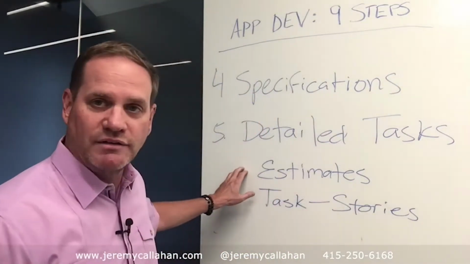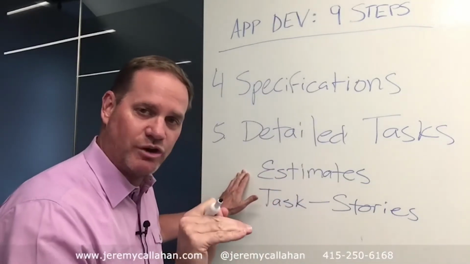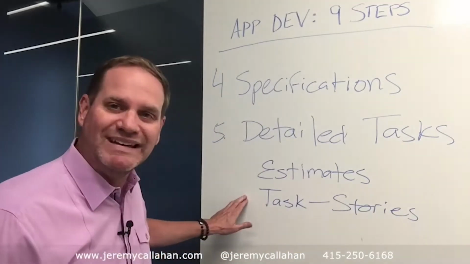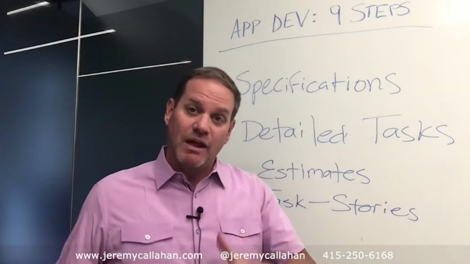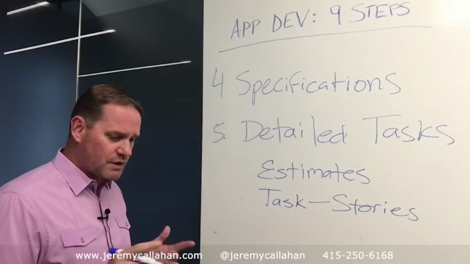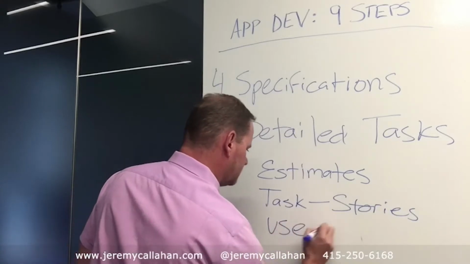So number 1, they have all the tasks and they say, this one takes 8 hours, this one takes 4 hours, this one takes 100 hours. And then the next thing we have is tasks, stories, detailed stories. So as they're developing, they can check off what's done and what's not done. And then the final thing, and this is the most important, is the use cases.